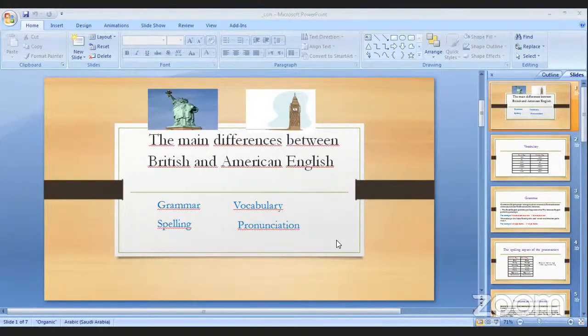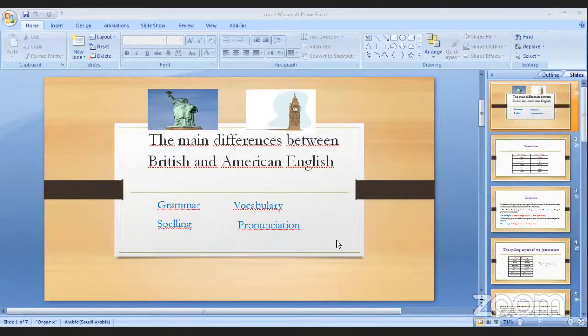It doesn't go like this. But British people have some differences regarding their English language, compared to the American people. These differences generally relate to grammar, vocabulary, spelling, pronunciation, even the culture as well.